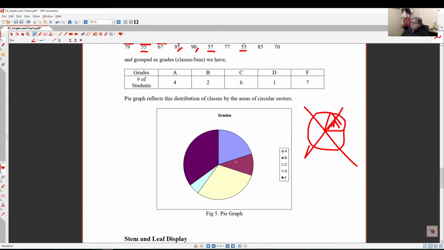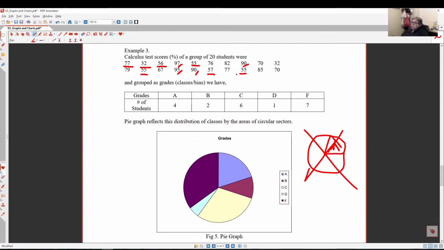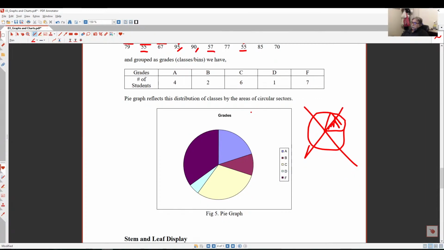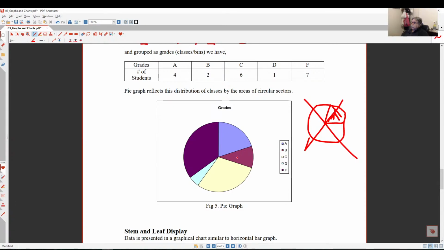You should actually use degrees to measure this properly. So you divide 360, 6 out of 20 students, 30%. So that ought to be 72 degrees for C, right?